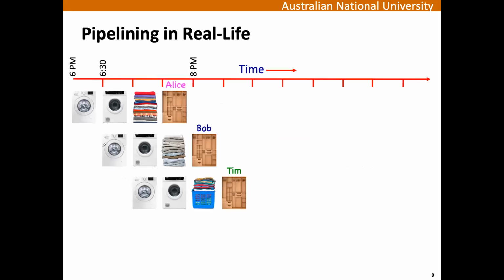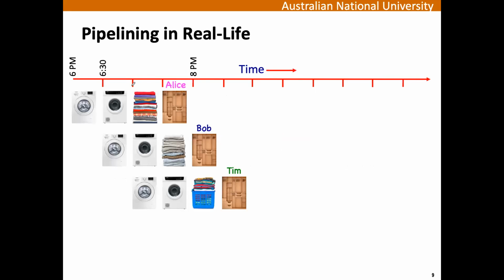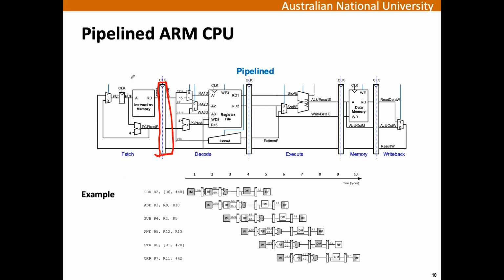All right, so this is just a pipelining example. What they do in pipelining is they insert these registers between the different stages, just like if you put a basket between the dryer and whoever is folding, you need some buffer to store all the clothes you get out of the dryer. So they have these registers between the stages to store the intermediate contents.